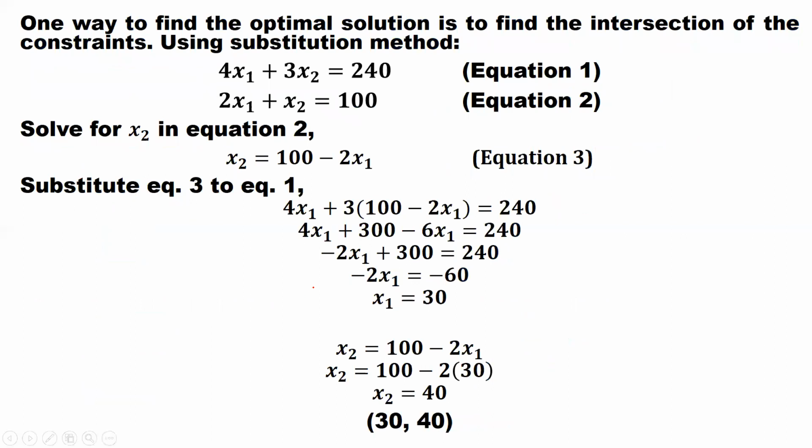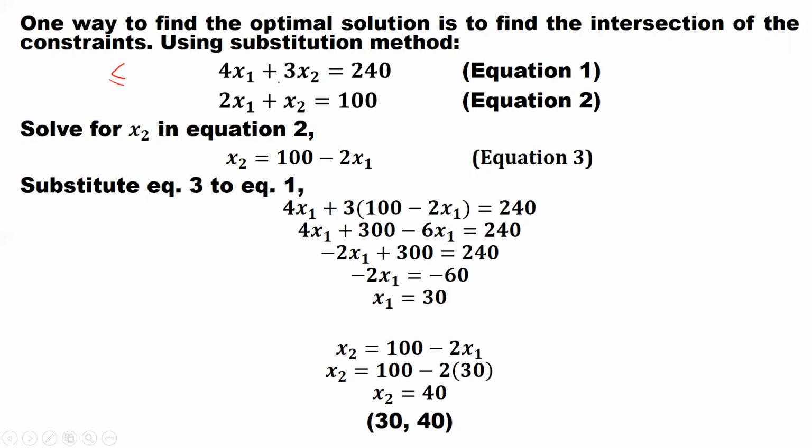Aside from that, we need also to find the intersection of these equations. So meaning what we do is we simultaneously solve this system of linear equations. So again, these are the constraints. We just simply replace the inequality symbol. If you recall, the inequality symbol is less than or equal to, but we just simply change that to an equal sign so that we would be able to get the point of intersection of these two lines.